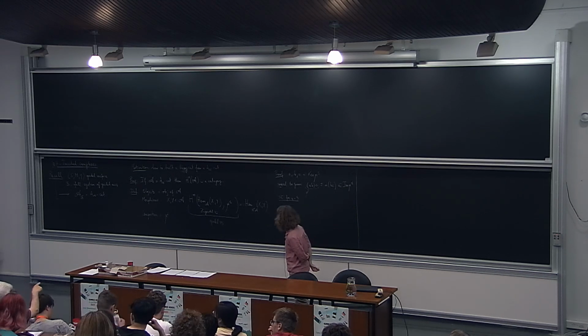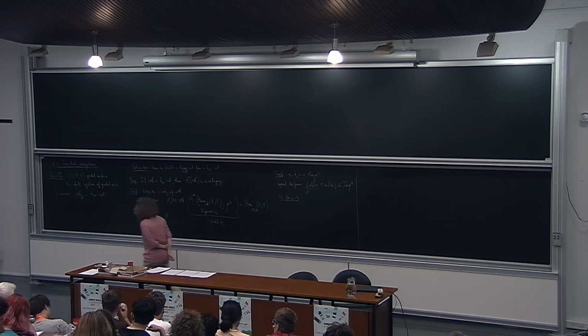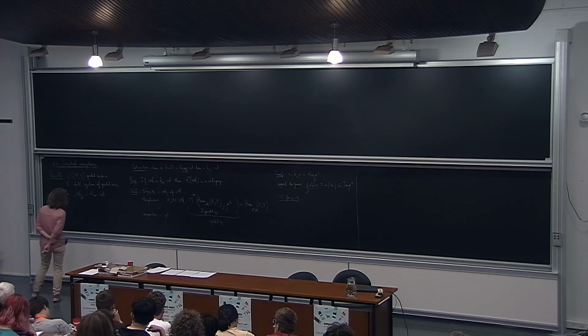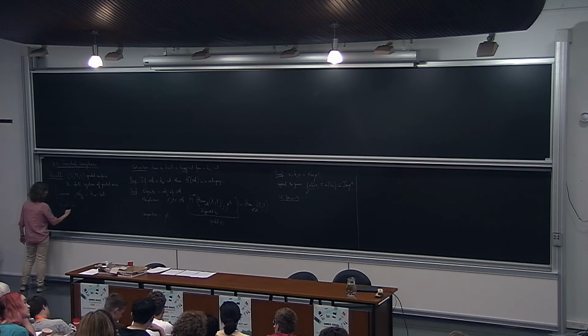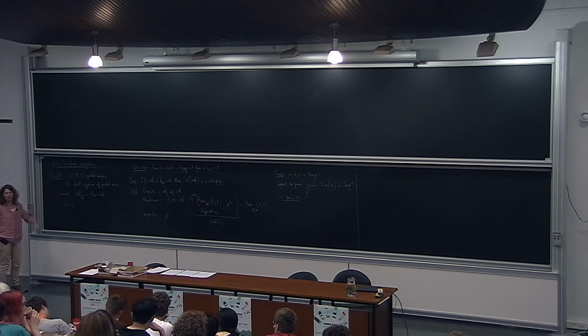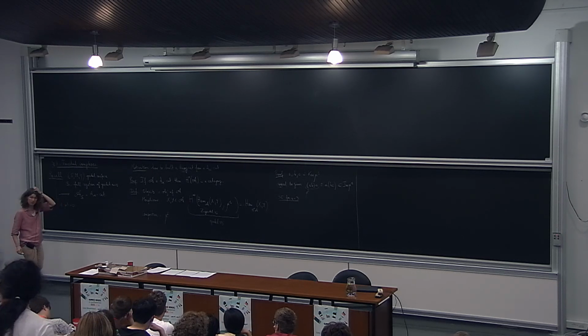Wasn't mu1 equal to 0 in our example? Yes, in our example, mu1 is 0. So you're right. It means that the cohomology is not very hard to compute. Sure, this is equal to the Hom space.